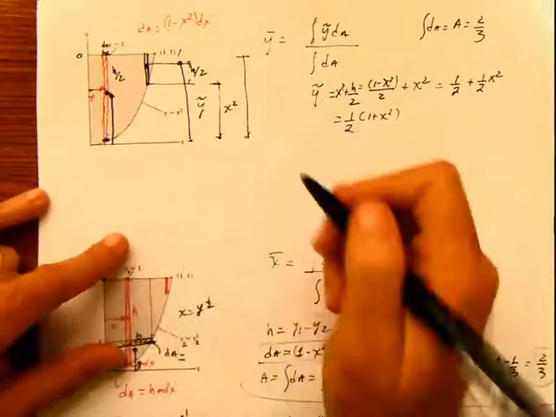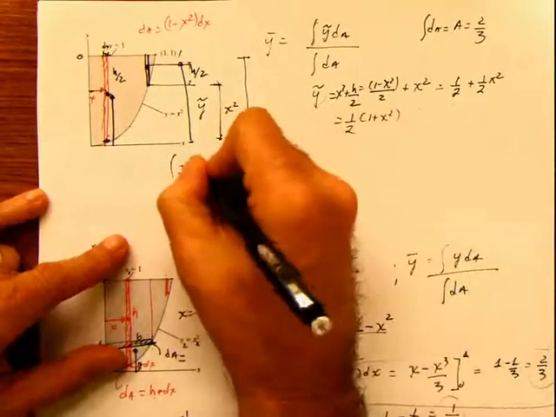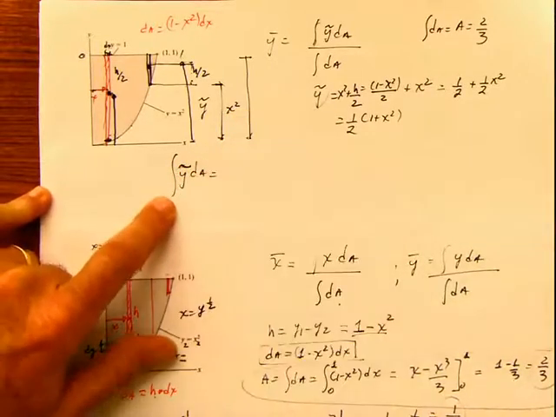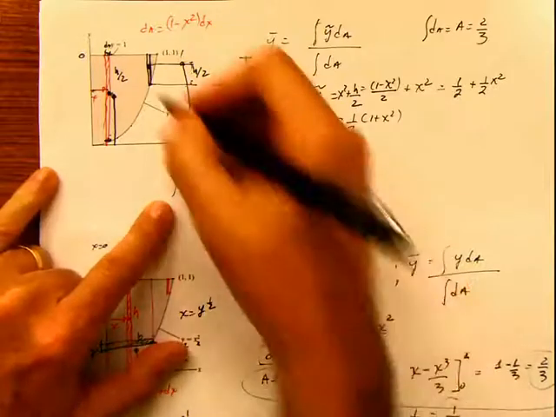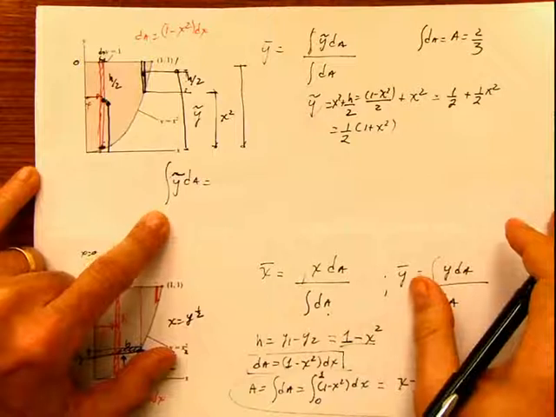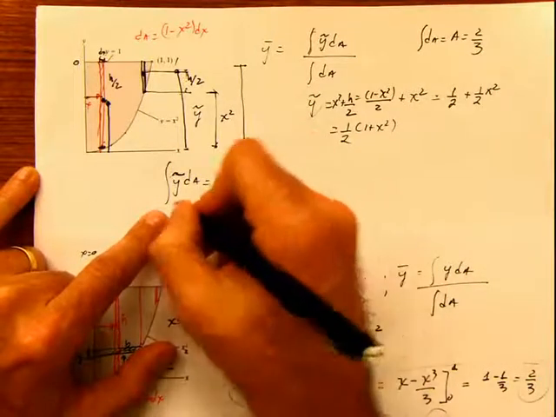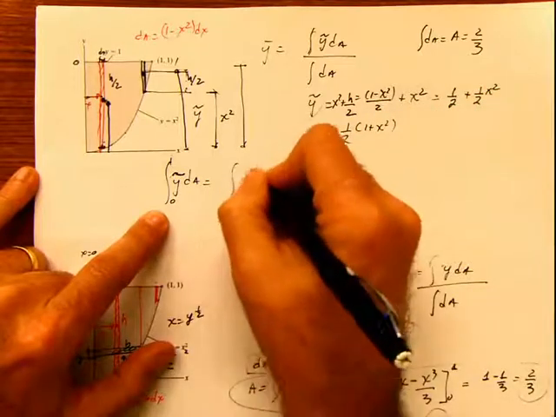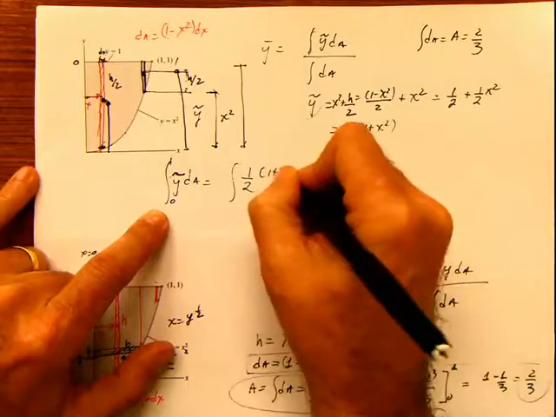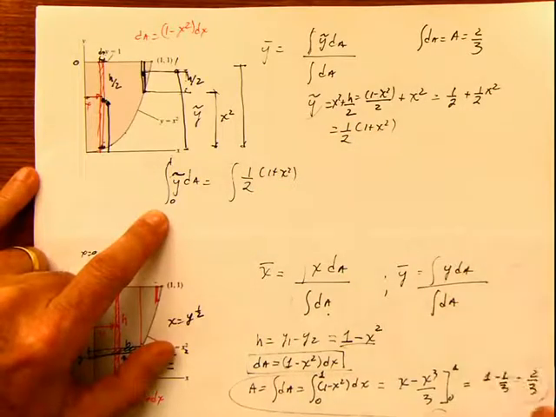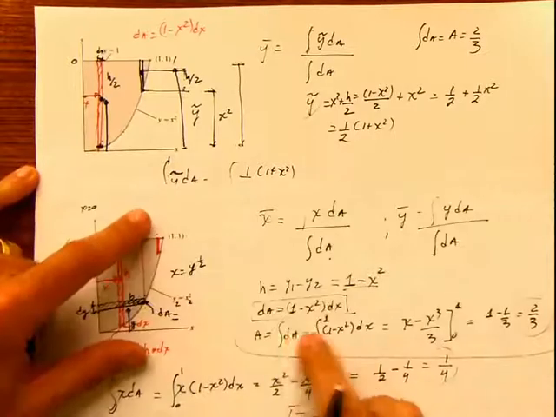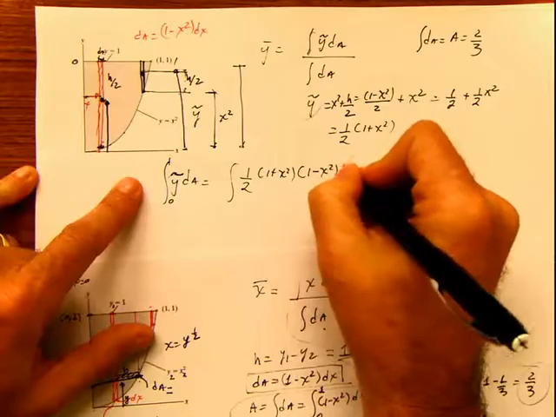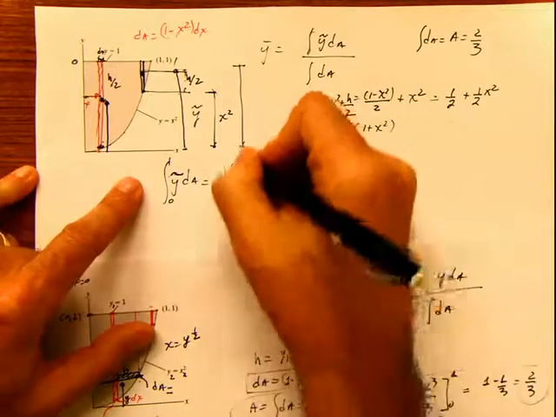So this is going to be y dA, and this y is not a square, this is a wiggly y to indicate the centroid of the vertical differential of area. This part is going to go from 0 to 1, times dA, and my dA that I calculated before was 1 minus x squared dx, from 0 to 1.